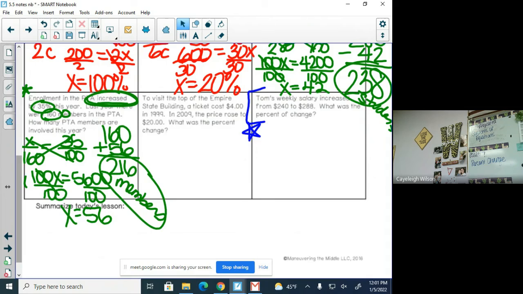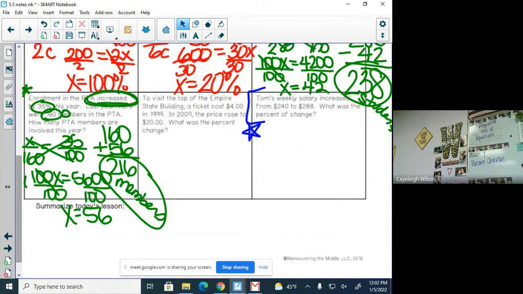Figure out the amount of change. So what's the original amount? 240 goes on the bottom, so it's the original amount.